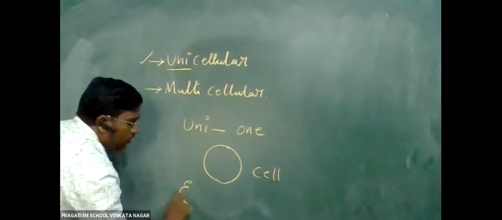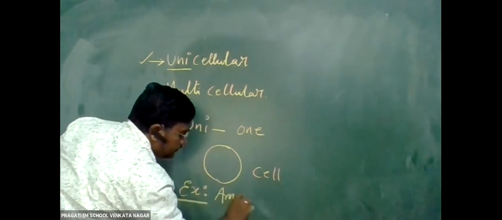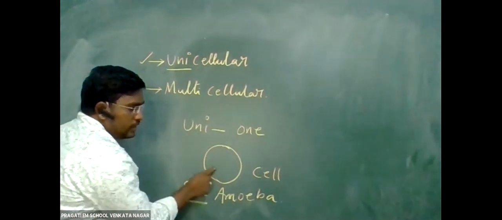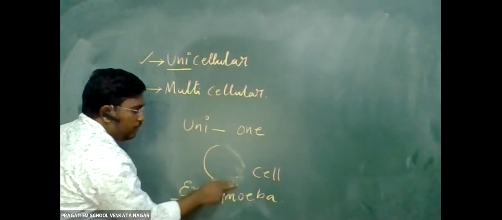Examples of one-celled organisms are amoeba. So amoeba is a single-celled organism. It doesn't have a definite shape.